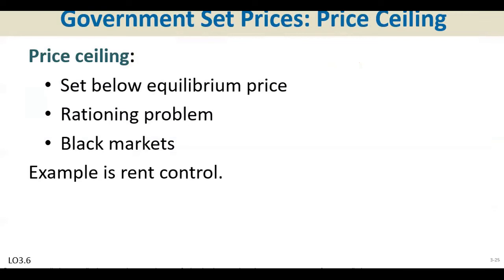An example of a price ceiling, right? So what is a price ceiling? Price ceilings are the maximum prices that can be charged on a good, right? So if a government establishes a price ceiling, that means that's a maximum. Anything above that becomes illegal, right? You have to charge up to that maximum.